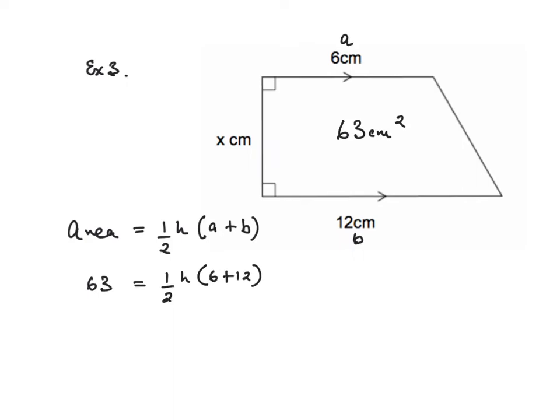And if we simplify, I think what I could do first of all is multiply by 2 in order to get rid of the dividing 2.